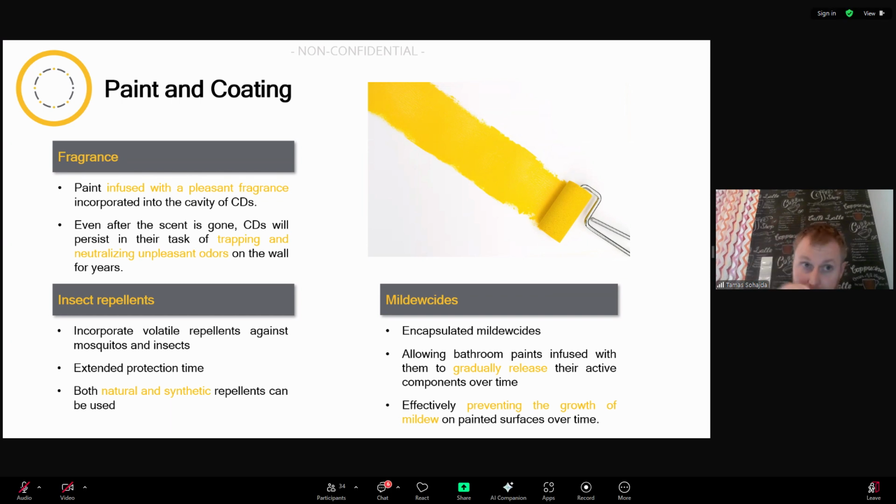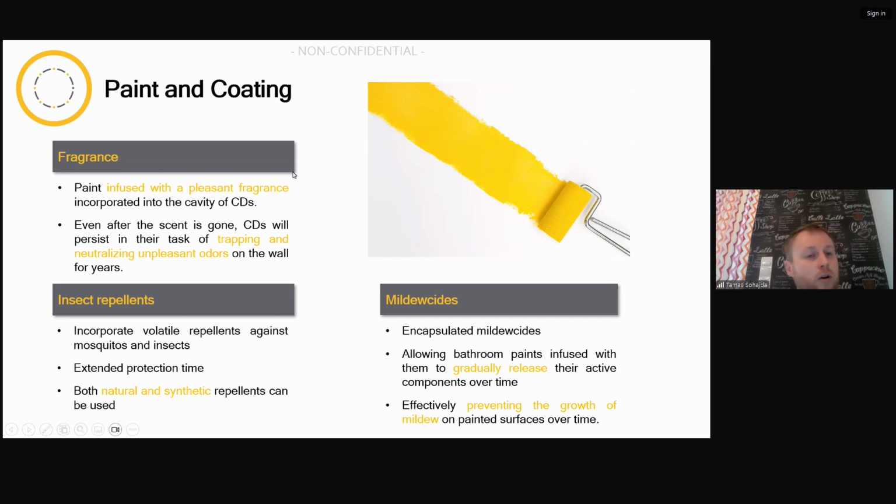So paintings. What kind of cyclodextrin complexes can you put into paintings? You can put into paintings fragrances and have a controlled release of those fragrances. In certain areas, you can put insect repellents into paintings and have them released gradually.